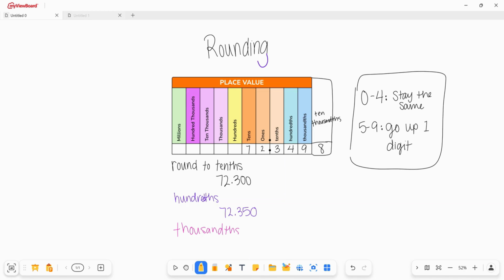So if I'm rounding to the thousandths, this is my target number. I'm going to look here to tell me what to do over here to my target number. Well, 8 tells me that I am going to be going up a digit, but my digit is already a 9. How do I go up another number from 9?